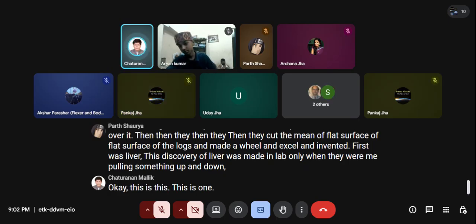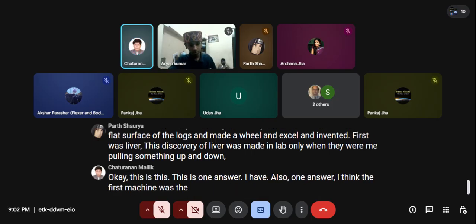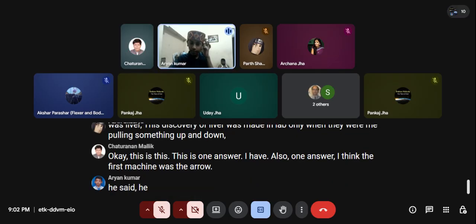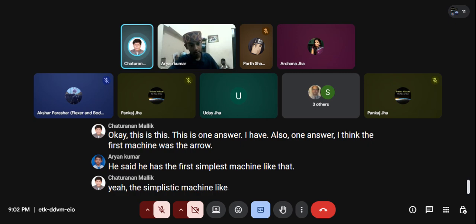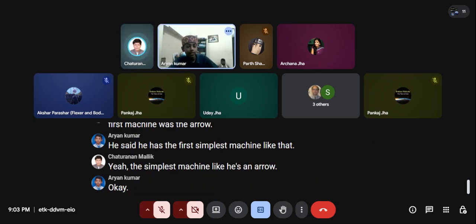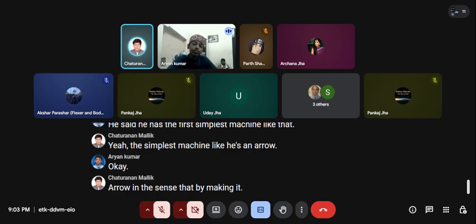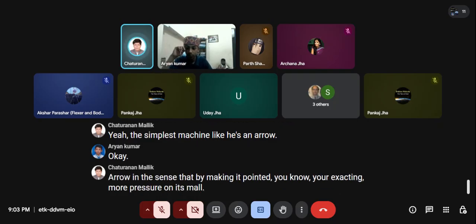This is one answer. I have one answer also. I think the first machine was the arrow. No, sir, he asked the simplest machine. Yes, the simplest machine is an arrow. Arrow in the sense that by making it pointed, you are exerting more pressure on a small area, so that penetration is more.